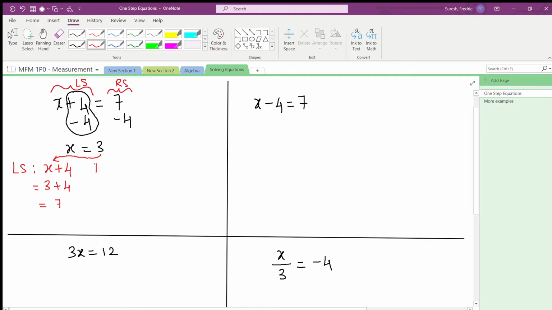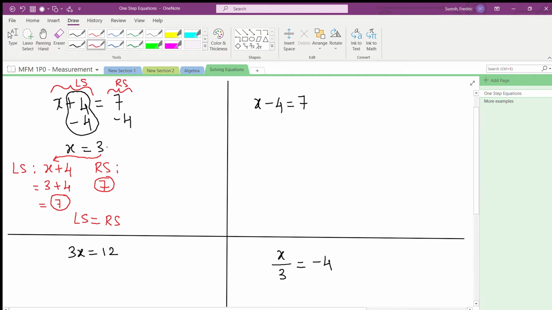Now I'm going to take the right side of the equation. The right side equals 7. My left side value is 7, and my right side value is also 7, because of which I can say the left side equals the right side, which means the answer I have, x equals 3, is the correct answer.